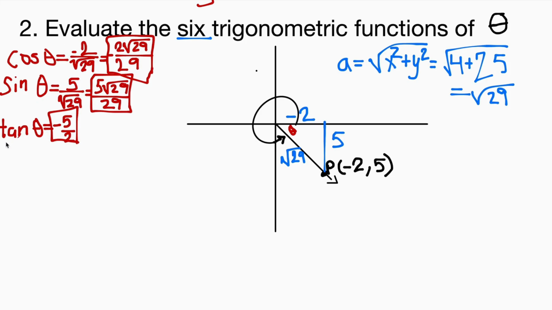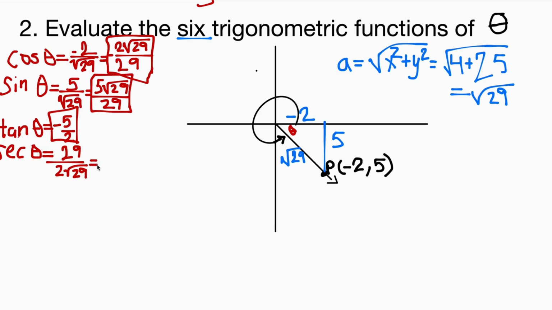It's basically easy to flip these. If we want to find the secant of theta, we would reciprocate the cosine value, because secant of theta is the reciprocal of cosine of theta. That would result in 29 over 2 root 29.